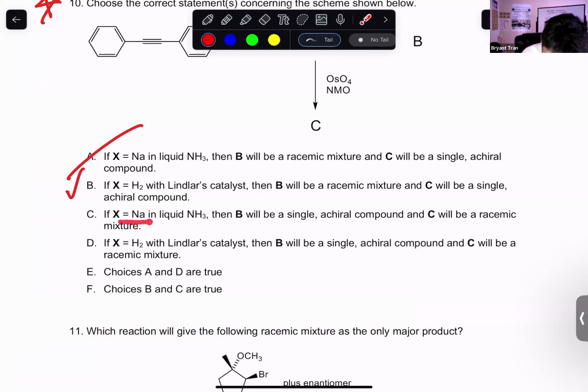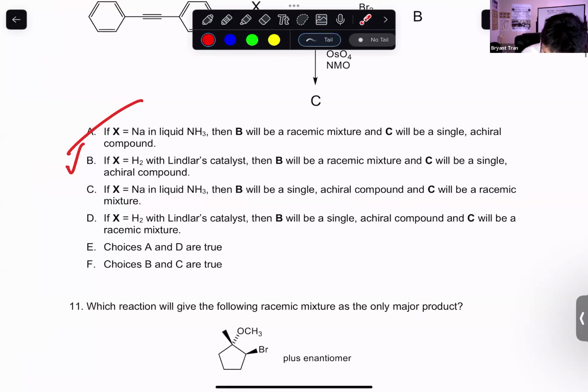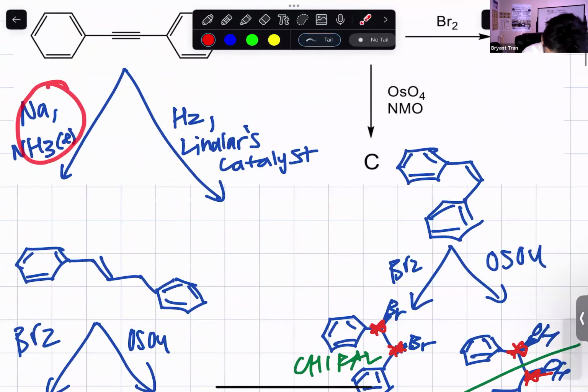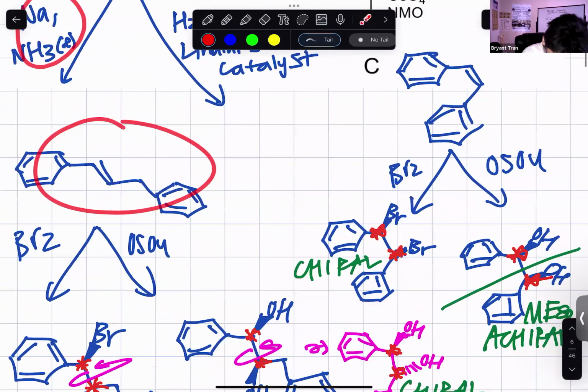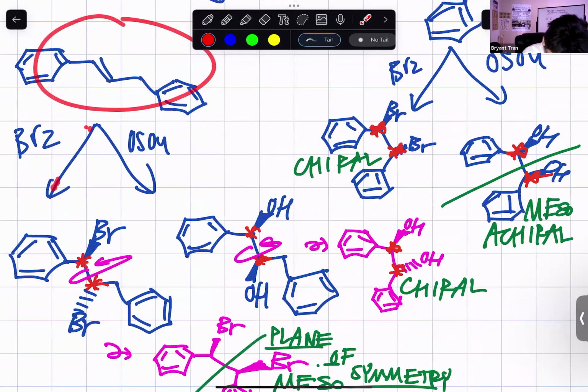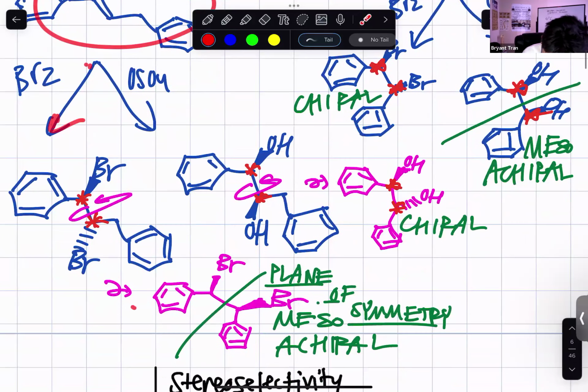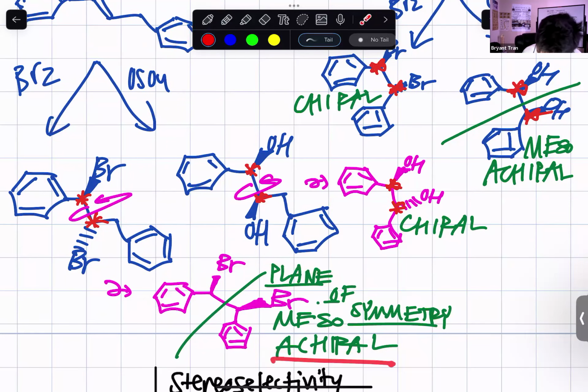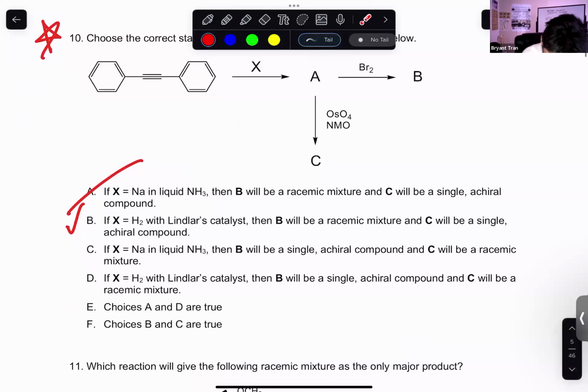If we use sodium in liquid ammonia, then B will be a single achiral compound. This right here is an achiral compound, so that checks out. That part makes sense.